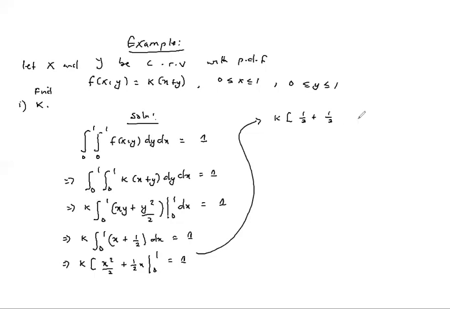So this is equal to 1, so that we have k times half plus half, which is just 1, so k is 1. So now what we have as a function is x plus y, provided x is in here and y is in here.